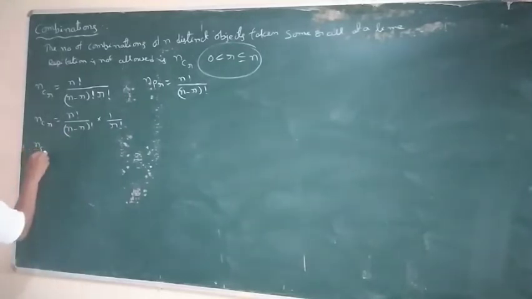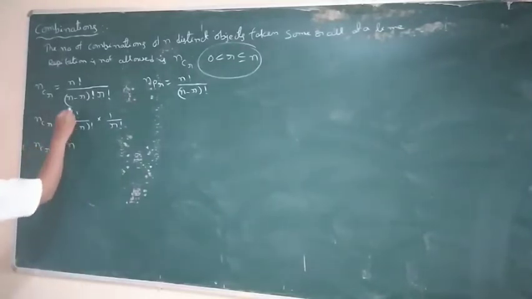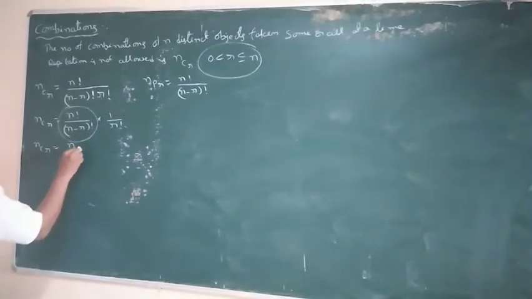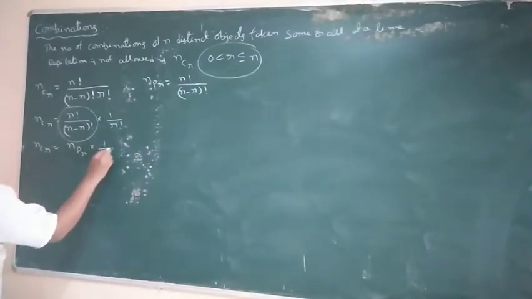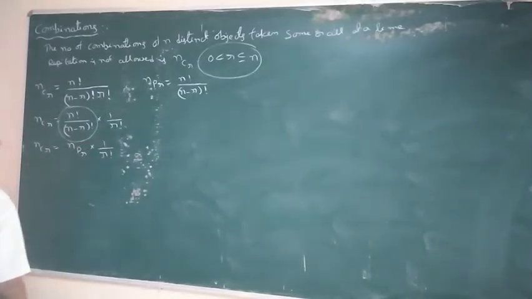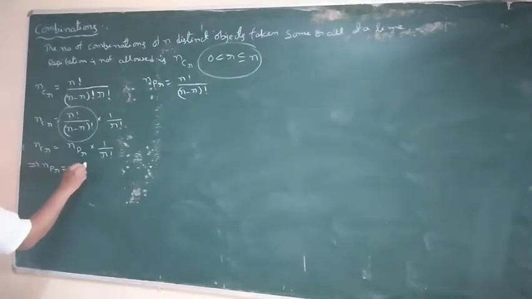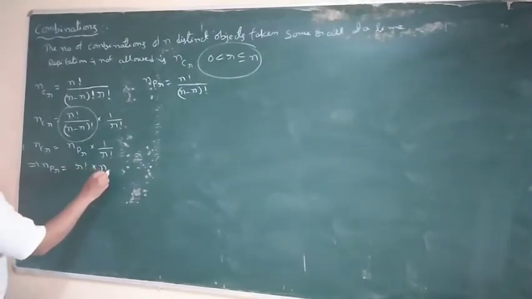So nCr is equal to nPr by r factorial, or nPr is equal to r factorial into nCr.